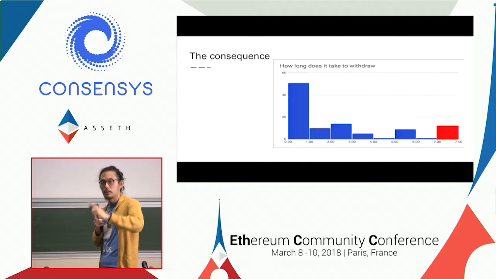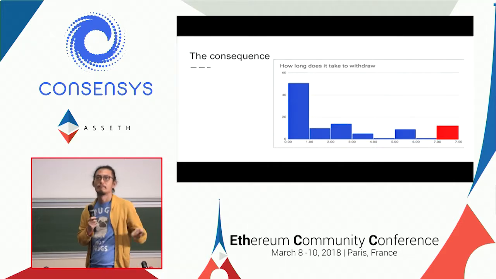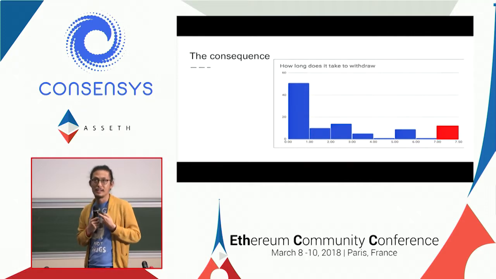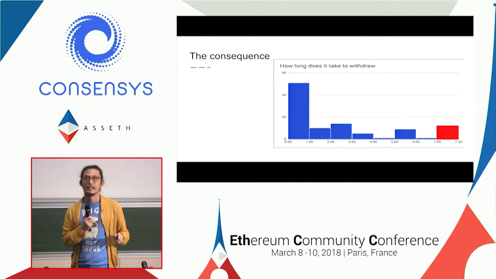So I go on Twitter, like, withdraw, because if a bug is found, that money is at risk. So for me as an organizer, I really want you to withdraw. But people are lazy, so 10% of the people still don't withdraw even after 1 week. What happens in 1 week?